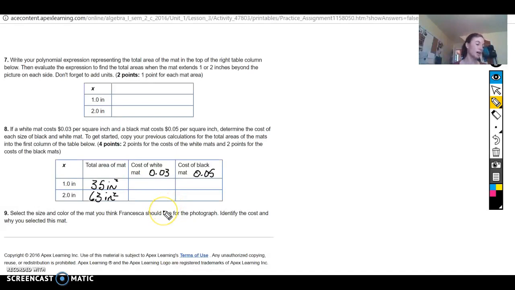So the cost of the white mat at 1 inch, 0.03 times 35 equals $1.05. Okay, 0.03 times 63 equals $1.89.